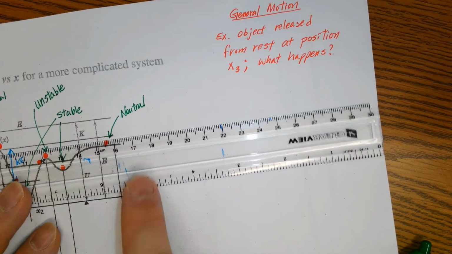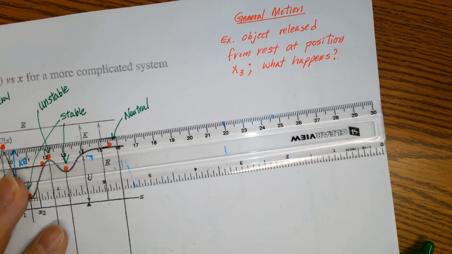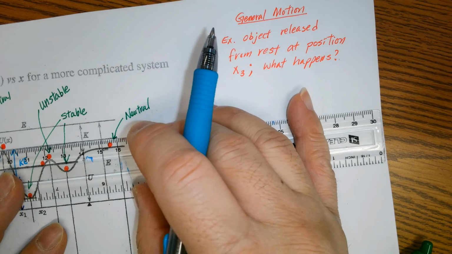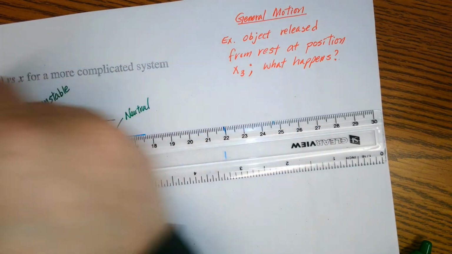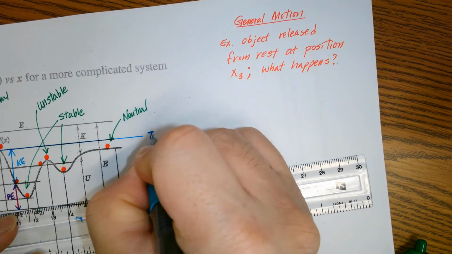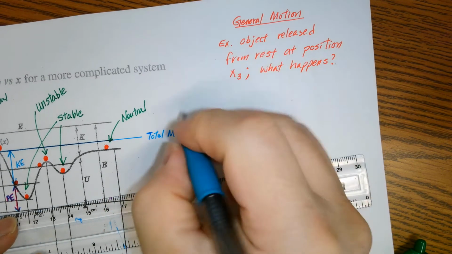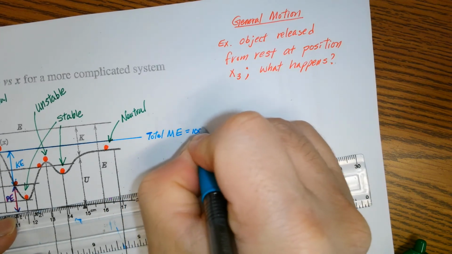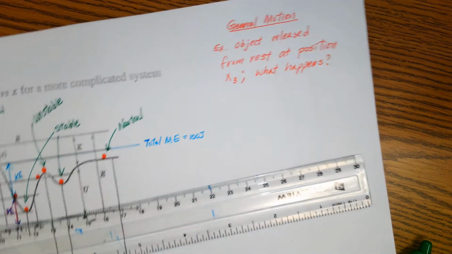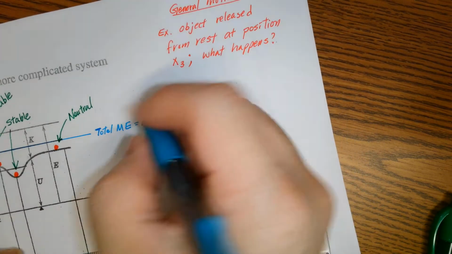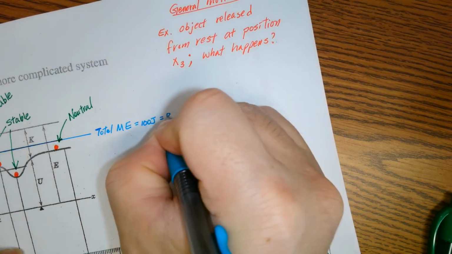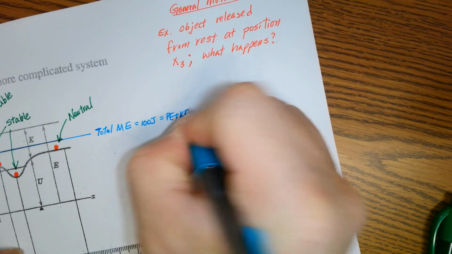So this will be the total mechanical energy of the system, and this is basically potential energy plus kinetic energy at any point.